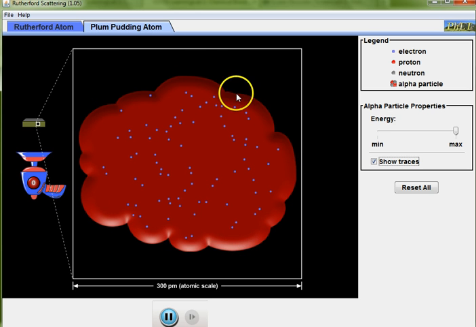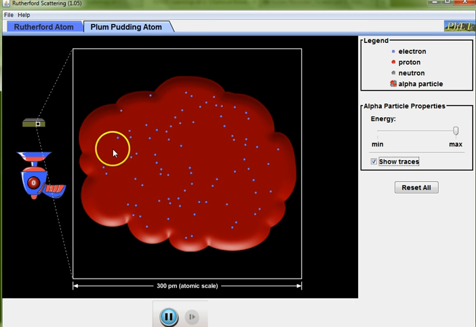This is the positive area where the positive charge is dispersed, and the little dots on it are the electrons. In that model, the positive charge is spread over the atom and the electrons are embedded in that plum.